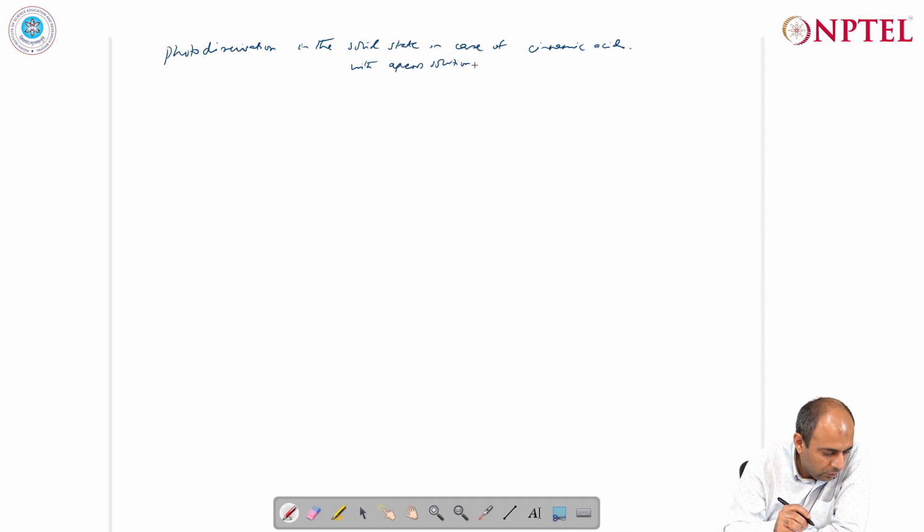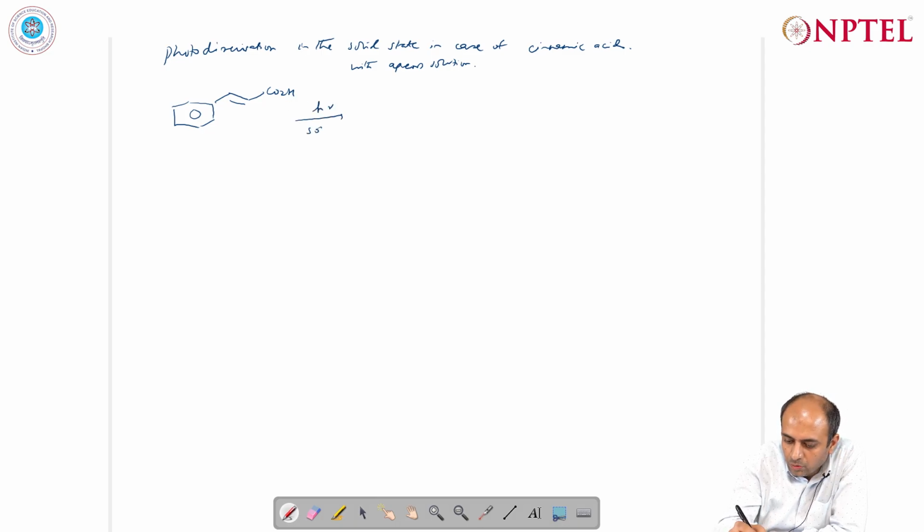In the case of cinnamic acid, when we do h nu irradiation in the solid state, no dimerization is observed. However, when you irradiate in aqueous solution, it undergoes cis trans isomerization, where R is equal to phenyl group.